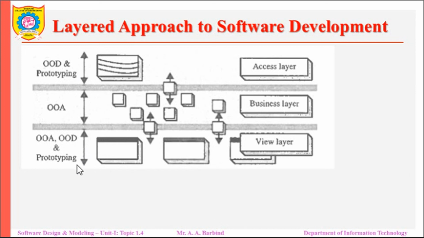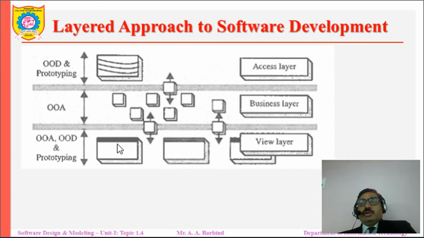The view layer is concerned with the user interface. The business layer consists of the objects which specify the rules of that particular system, as to how to make use of the information and how to process the data which is there at the access layer.